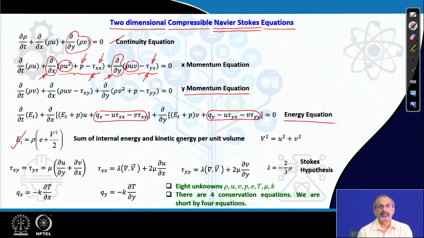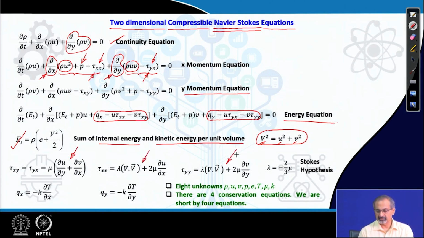We had defined the E t term already as the sum of the internal energy and kinetic energy per unit volume in the lecture on Euler equation. Here, because it is a 2 dimensional problem, you have both u and v contributing to the resultant velocity. And then you have the expressions for shear stresses and normal stresses.